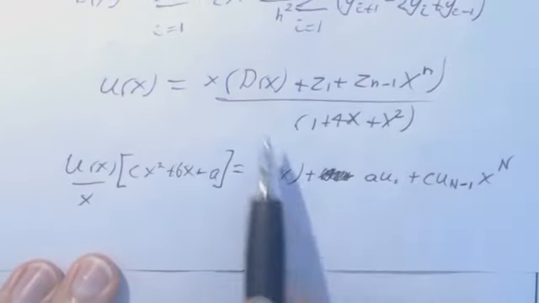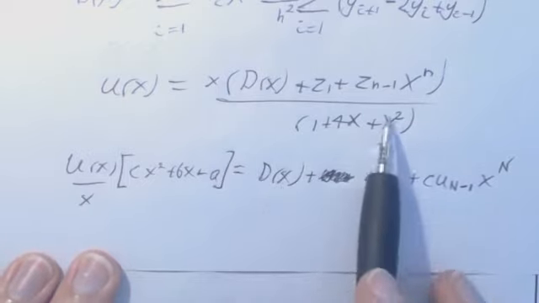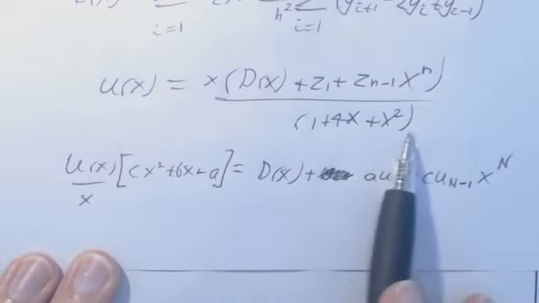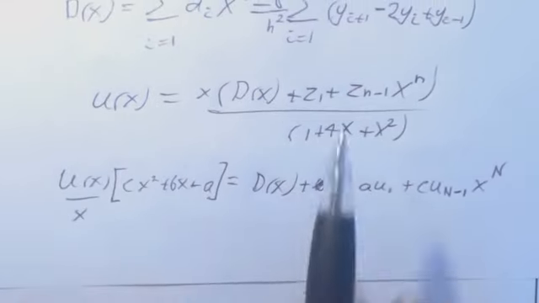So in our case, we're using the same d(x), we're using lowercase n in place of uppercase N, and a, b and c were 1, 4 and 1. So yeah, that's how you get that.